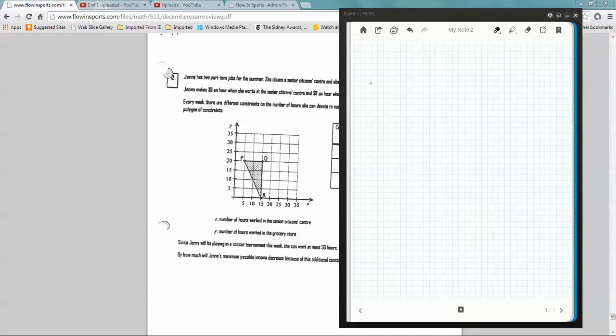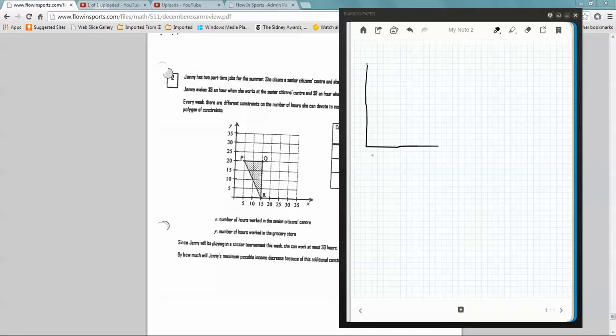So I'm going to just create this graph that looks something like this.